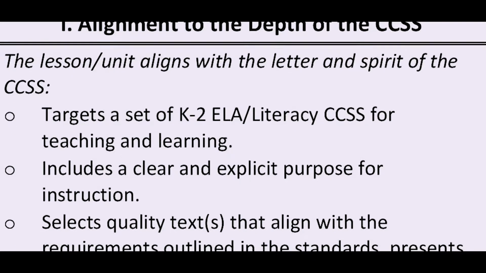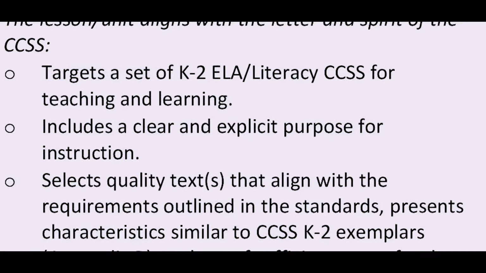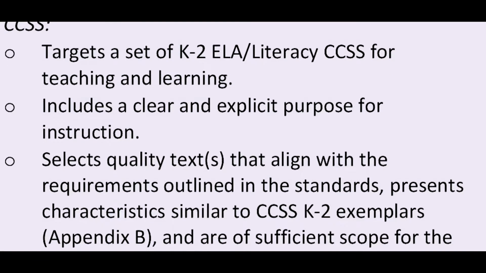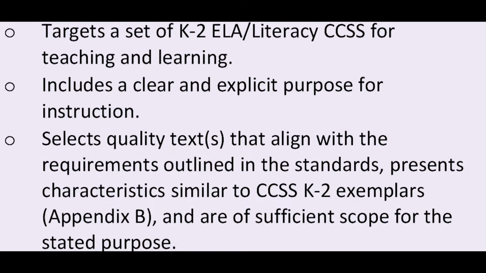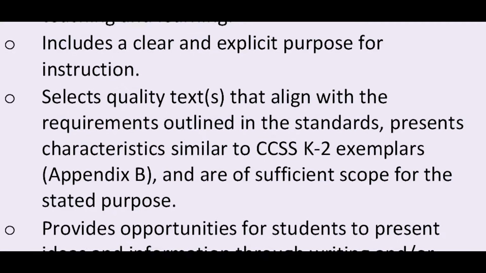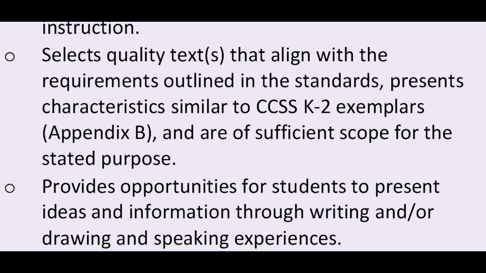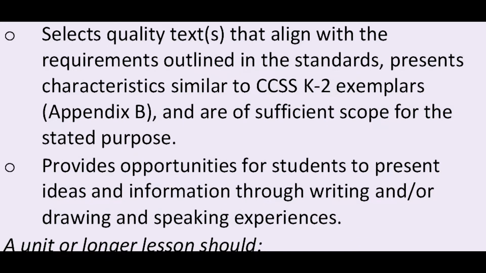Dimension 1 looks to make sure the lesson or unit aligns with the grade level standards, includes a clear and explicit purpose for instruction, and selects high quality texts that align with the requirements in the standards, and that there are opportunities for students to present ideas and information through writing, drawing, and/or speaking experiences.